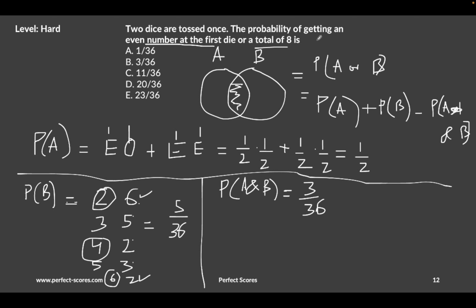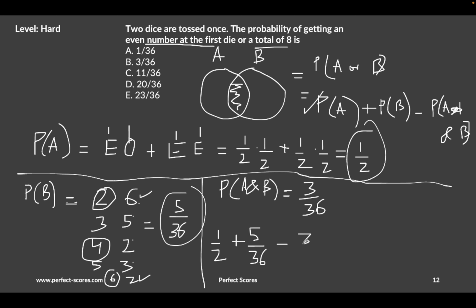So now the job is simple. You can just use this expression here. What is the probability of getting A or B? It's the probability of A, which is 1/2, plus the probability of B, which is 5/36, minus the probability of A and B, which is minus 3/36.